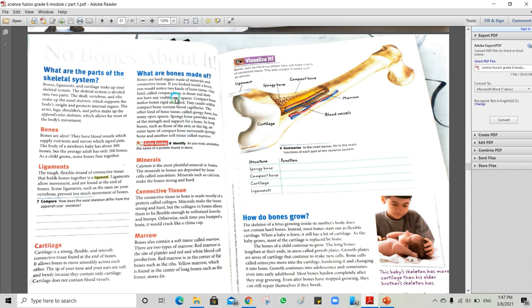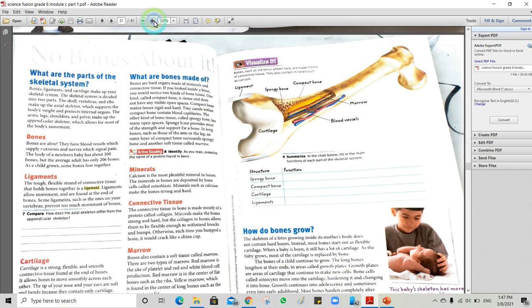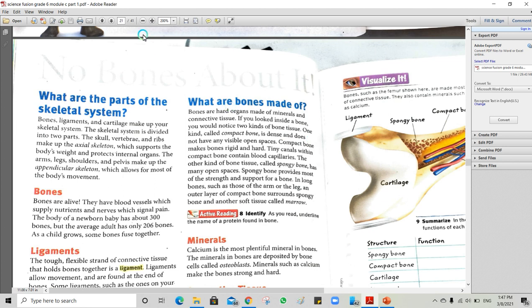Okay, let's read this part. Here you will see one kind of layer that makes up the bone is called compact bone. See the word compact here?